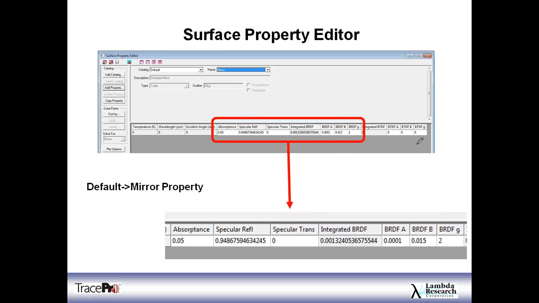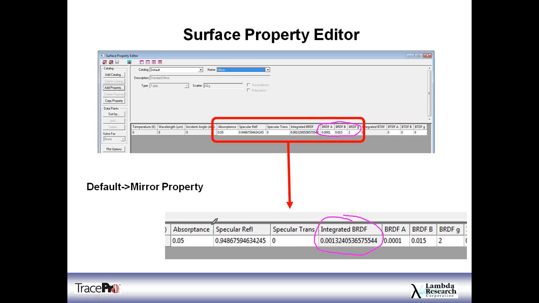And if we actually open up the surface properties in TracePro to look at the data, we see all the possible entries you can have for the material here, or the surface property. So we have absorption, specular reflection, specular transmission, BRDF. Here's our ABG values that we were just talking about, and this is where you would enter those in. This integrated BRDF, I'll look down here at the zoomed in version, that's the total integrated scatter.